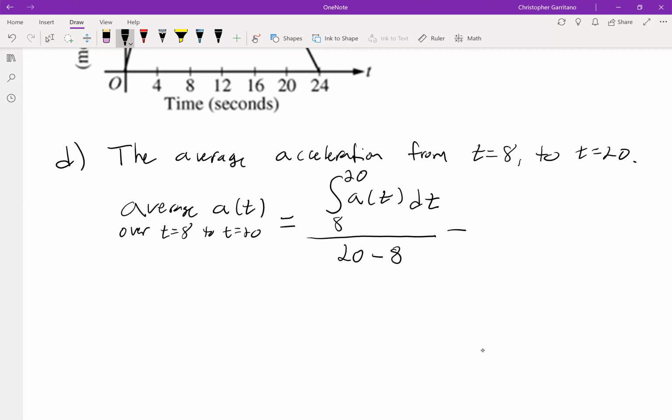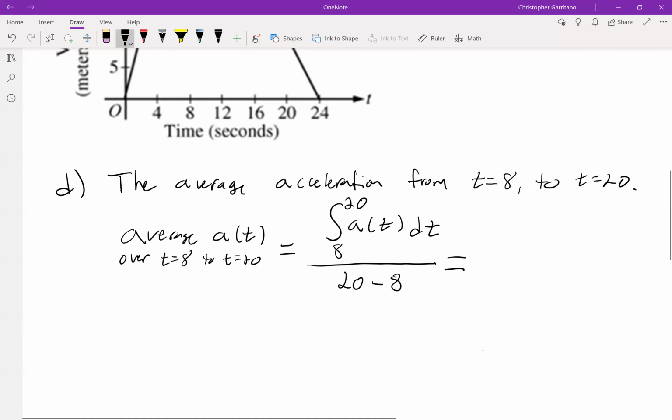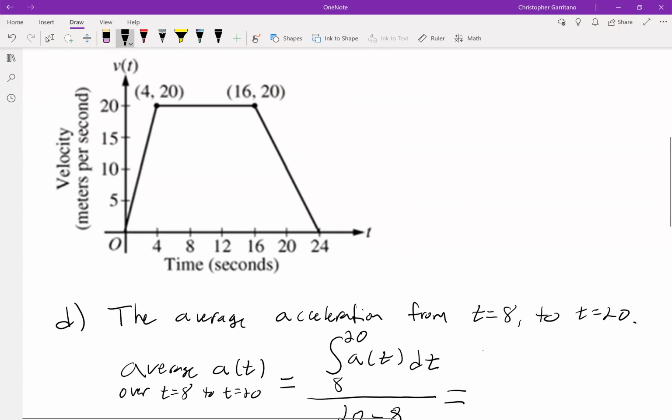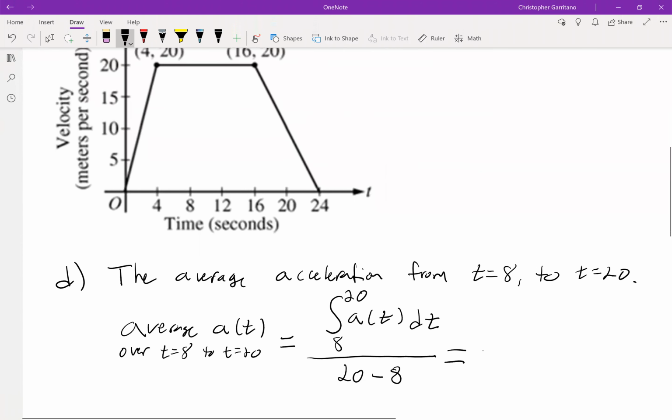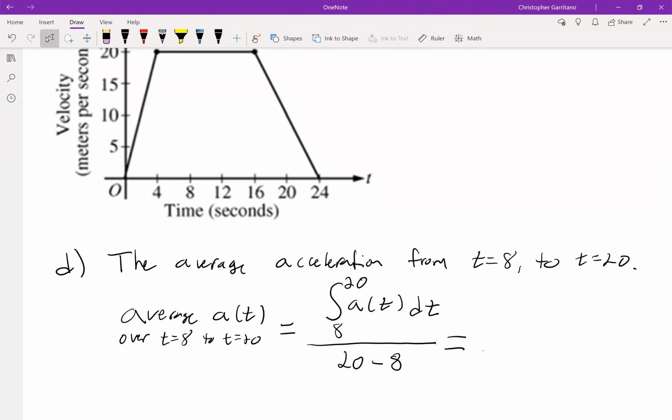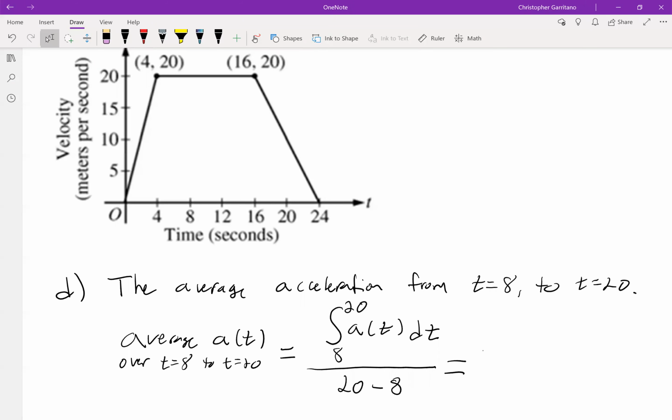Now, if we think of it this way, you might be wondering: we're given the velocity graph, so how are we supposed to answer a question about acceleration and integration of acceleration when we're given velocity?